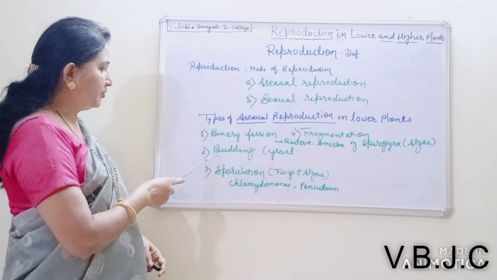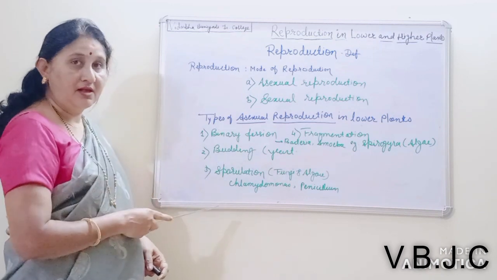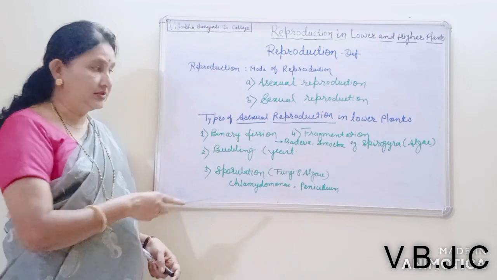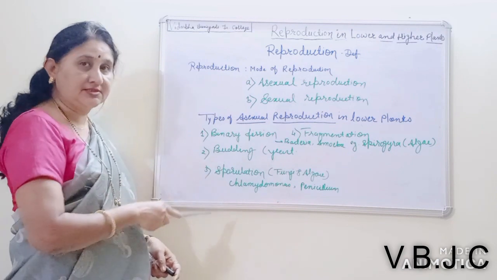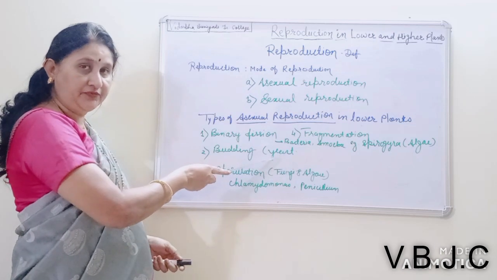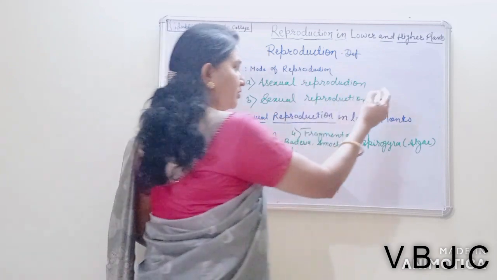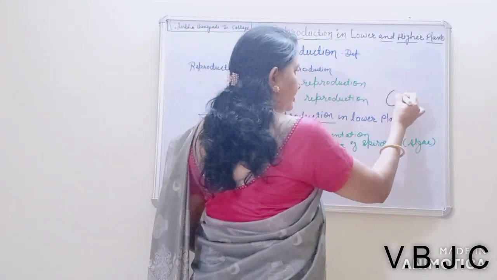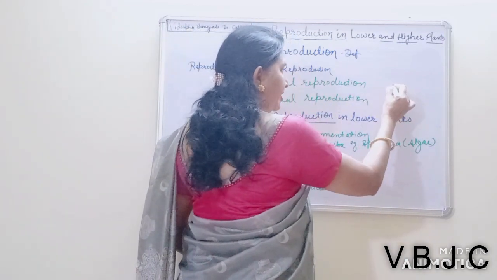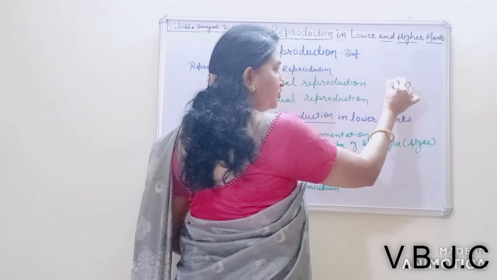The second type of asexual reproduction in lower plants is budding. It is the most common type of reproduction in yeast. Yeast is a unicellular fungus. Suppose this is a yeast cell; it divides into two cells, and at maturity these again divide.